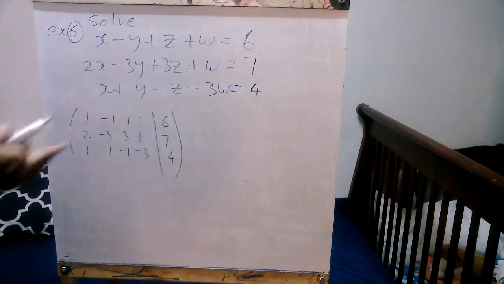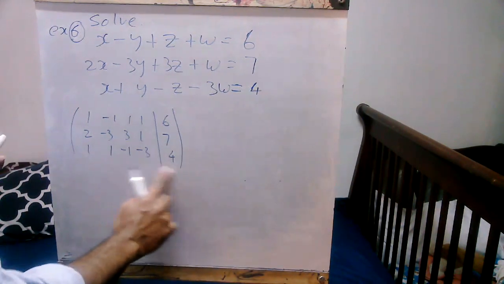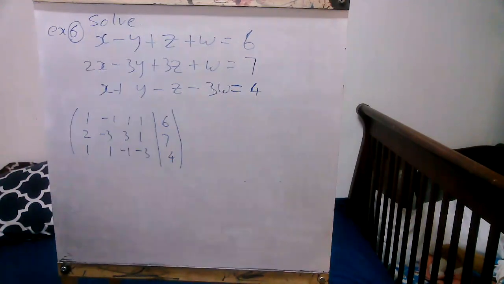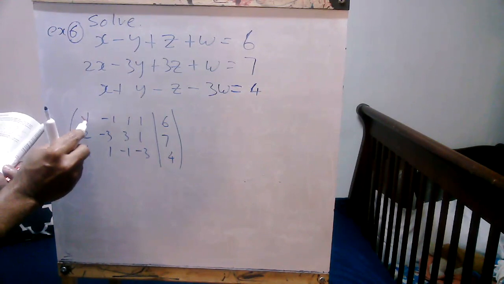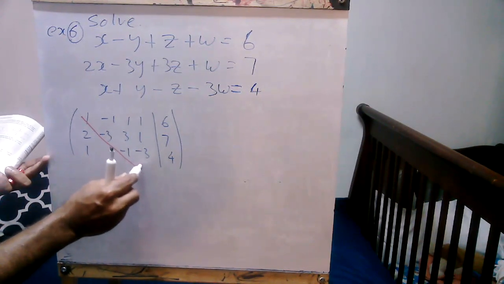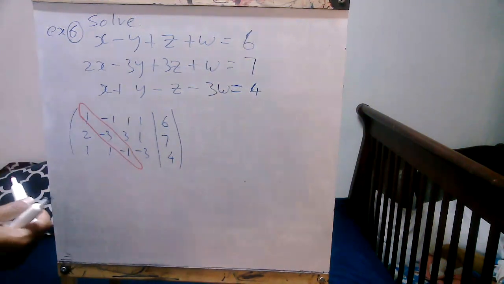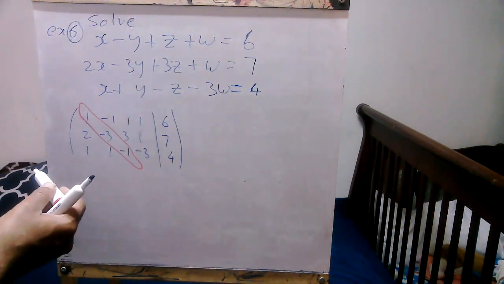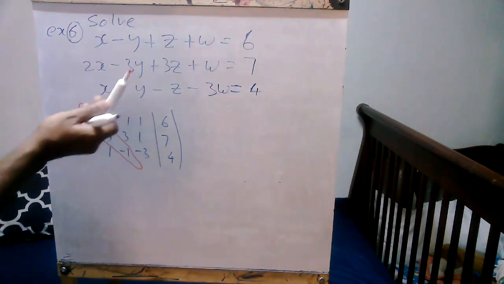Okay, we get this matrix. Now, this is the diagonal. Right? Now, this is the thing.